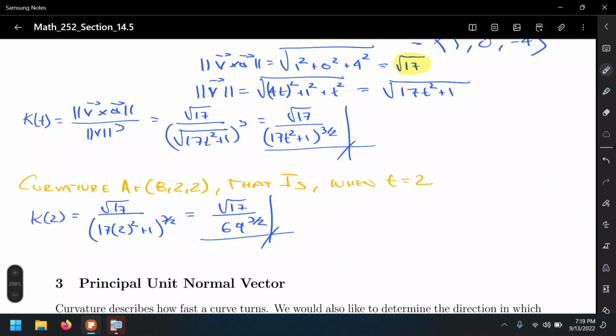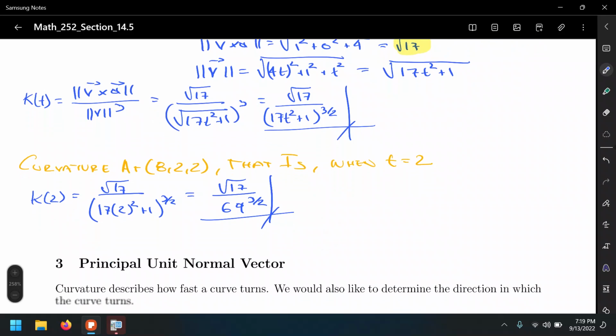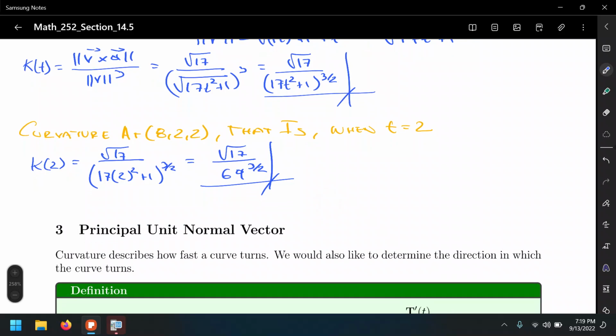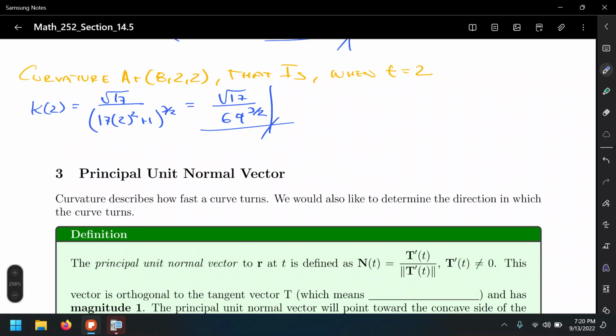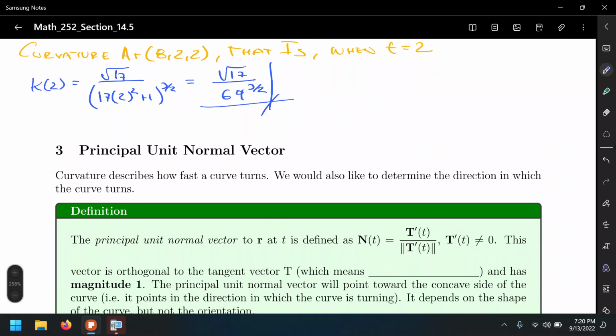All right, so what's next? The principal unit normal vector. Curvature tells us how fast a curve turns at a given point, but we also want to know in which direction the curve turns. That information comes from the unit normal vector.